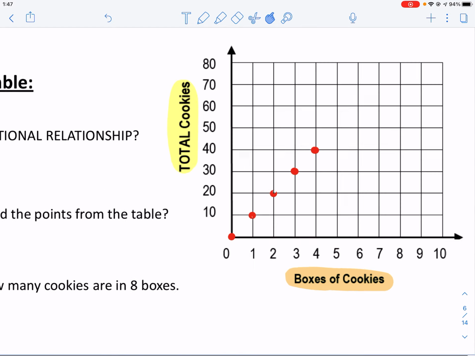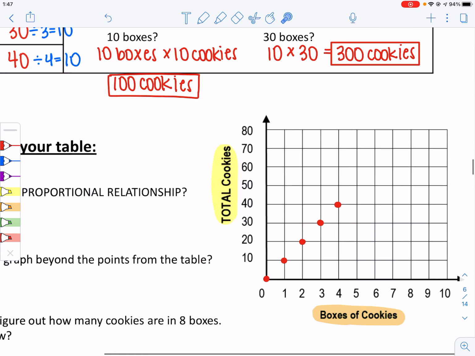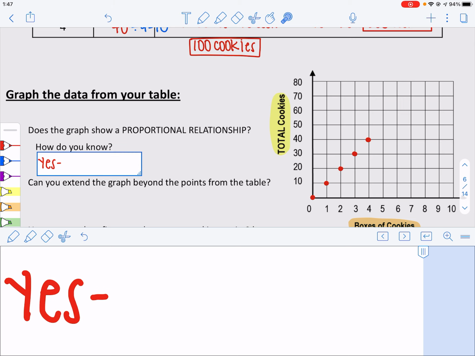And if you look at the graph, let's take a look at a couple things. One thing I want you guys to notice is that the graph goes through the origin, so through 0, 0. Okay, so I know it's proportional because it crosses the origin. So I'll say yes.